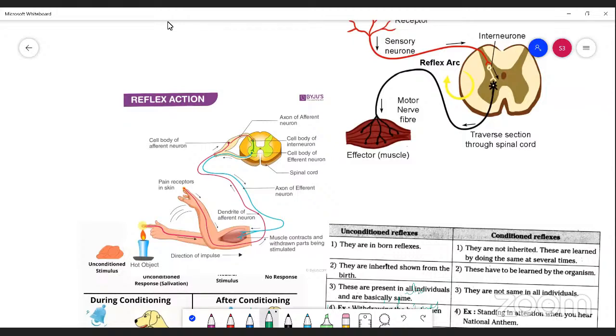The spinal cord connects the nervous structures in between the brain and the effector organs. This one is the spinal cord, and this is a sense organ.